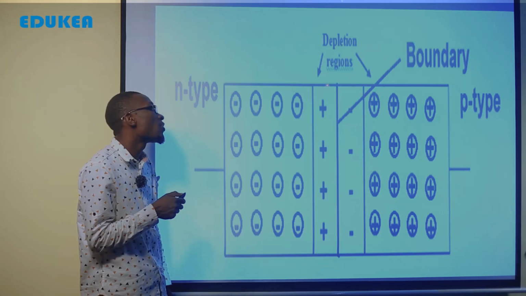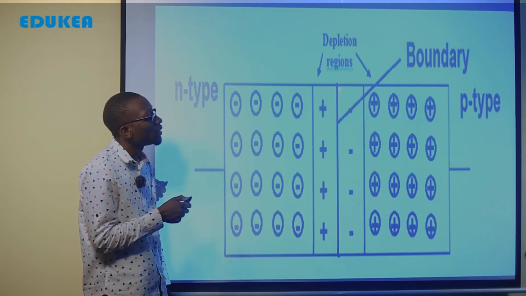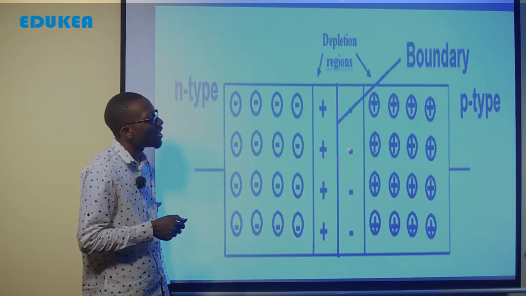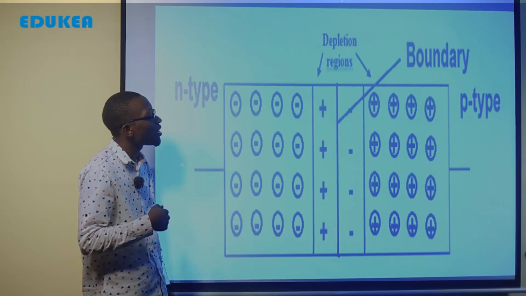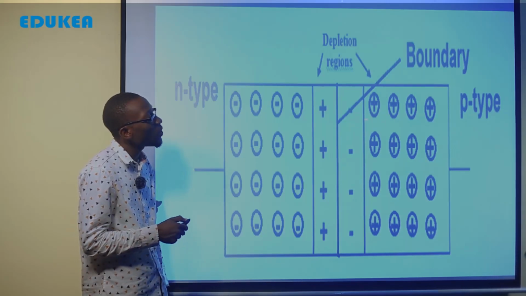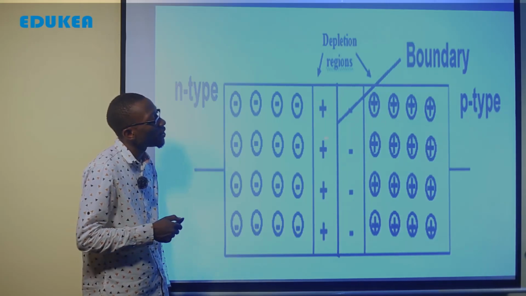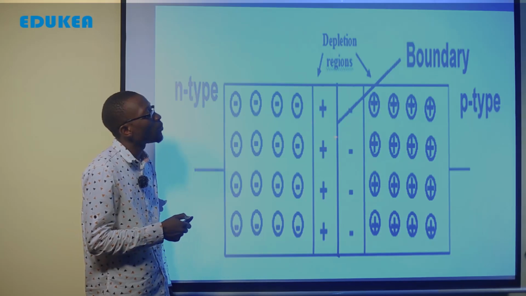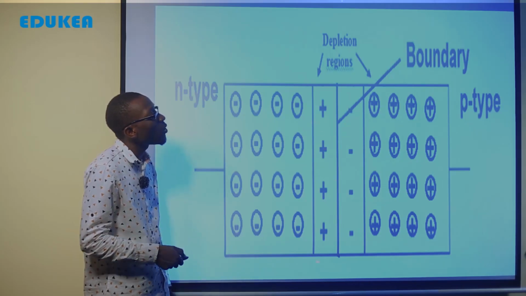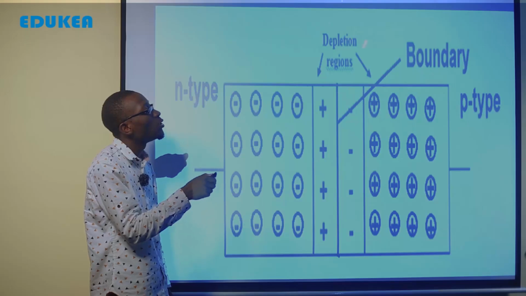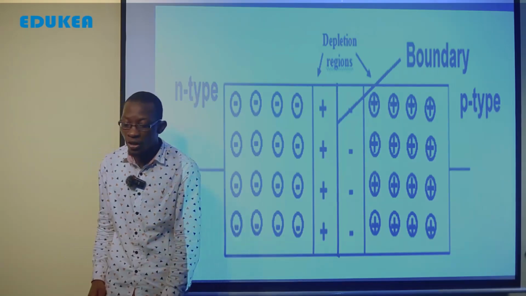Kwamba huu ni mpaka ambao unatenganisha kati ya N pamoja na P type semiconductor. Lakini hizi positive zina shift na kuja negative, na negative zina shift kwenda kwenye positive. Baada ya kuwa zimekanseliwa kwa pamoja, tunapata kitu kinachoitwa depletion region or depletion layer.